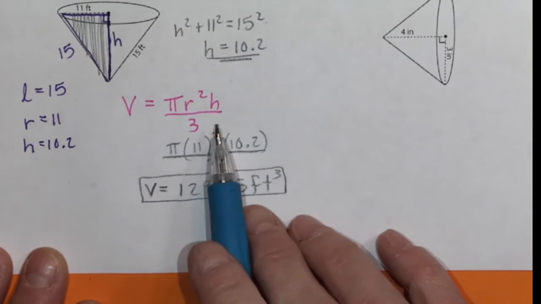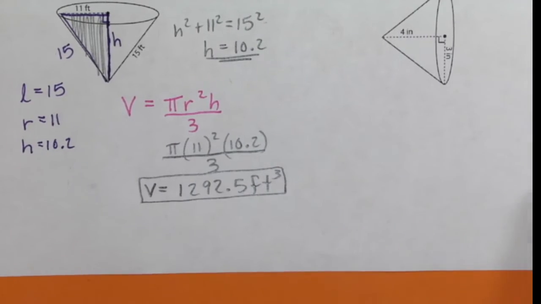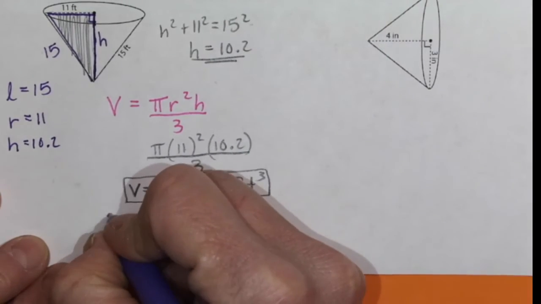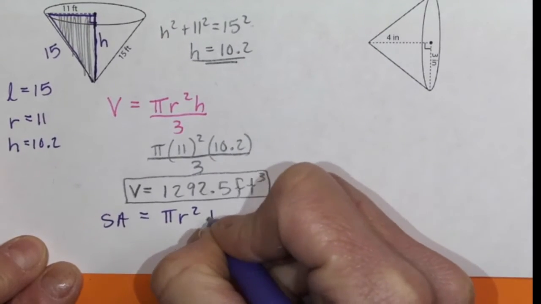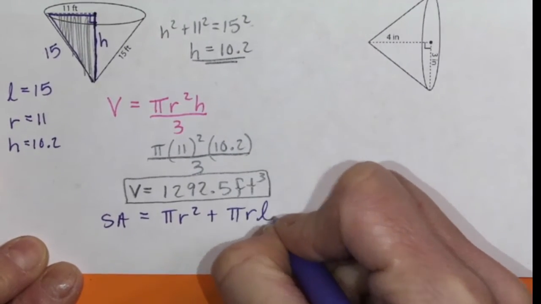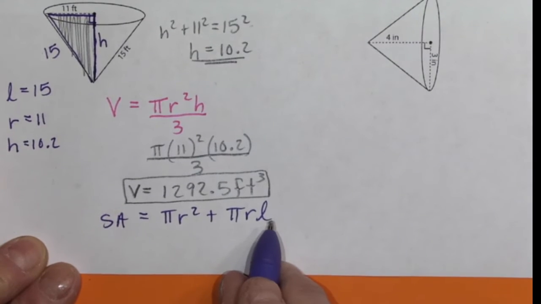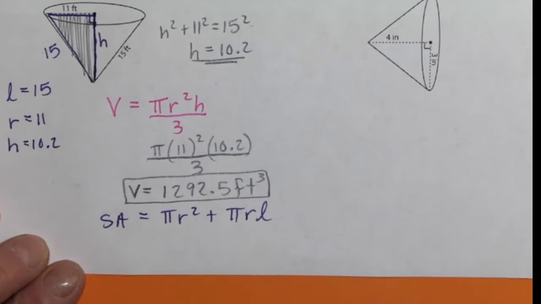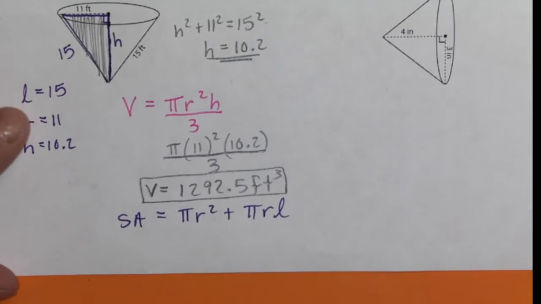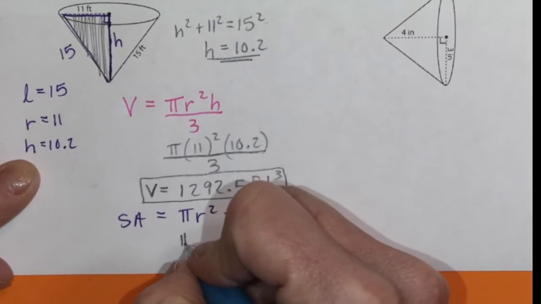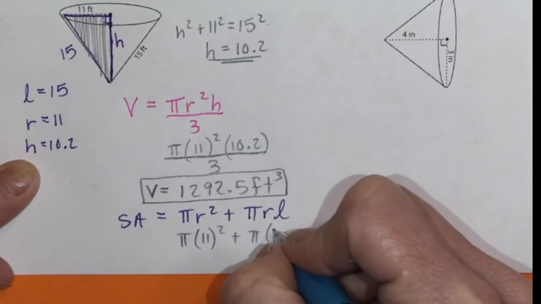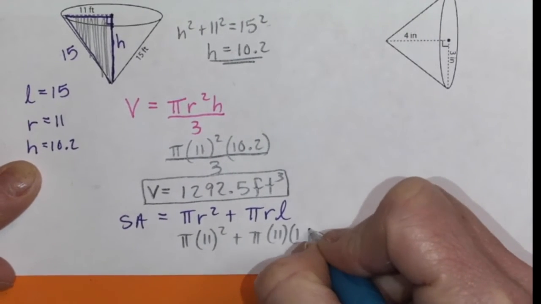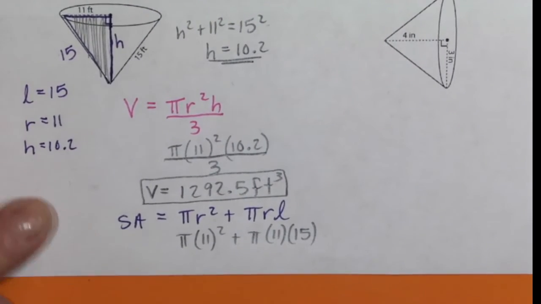Again, remember you're using the actual height for volume, whereas for the surface area, use the formula pi r squared for the base plus pi r l. Again, you don't have to memorize that. That will be given to you. You just literally need to be able to plug in the right values. So pi times radius squared plus pi times radius times slant height, which is 15.